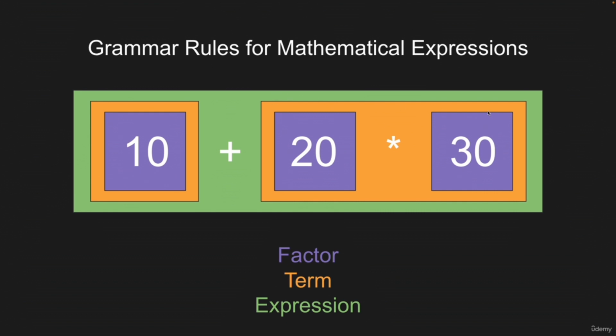So the term is only used for multiplication, division, modulo. The expression is used for all of the operators, like addition. Well, technically only the addition and subtraction, but it still counts. And then the factors are just pretty much the numbers themselves. And the factors are also unary operations, like negative 20 or something, but it's just 10, 20, 30.